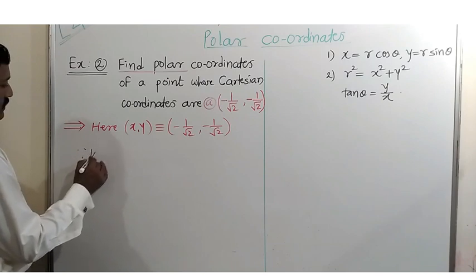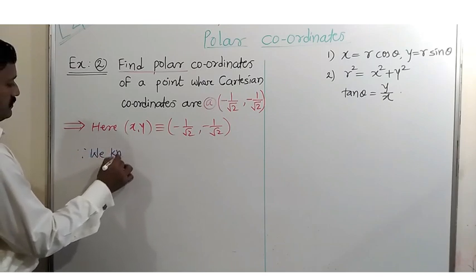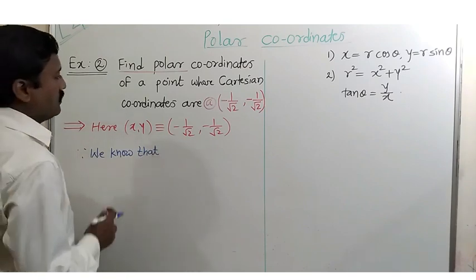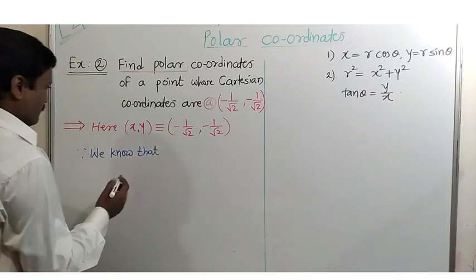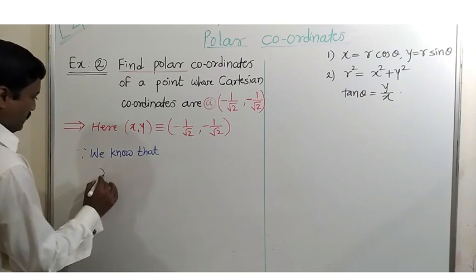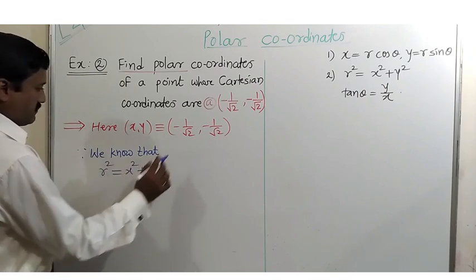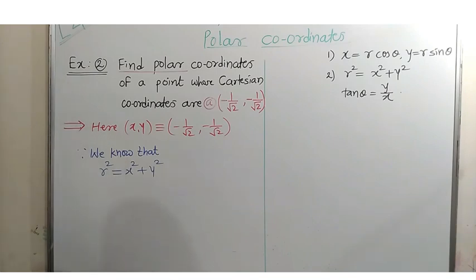Since we know that polar coordinates are r and theta, we know that r square equal to x square plus y square.